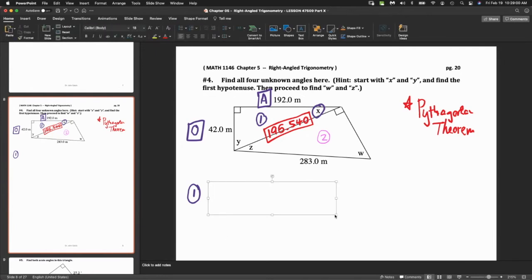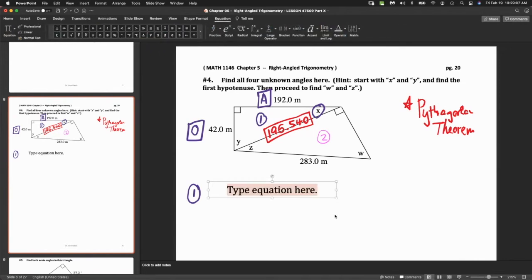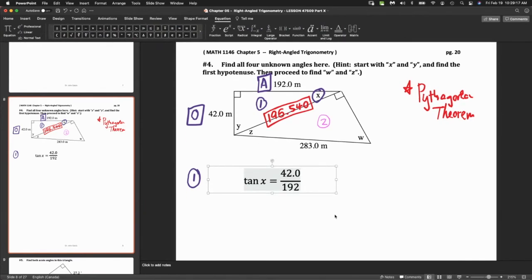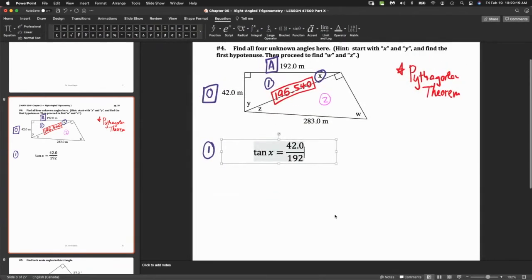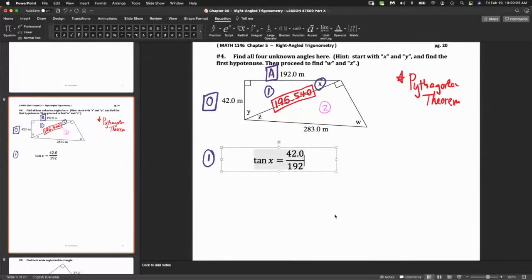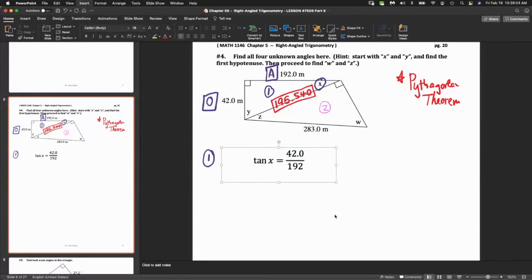So, opposite and adjacent, is that sine, cos, or tan? Which one? Yep. So tan x is equal to 42 over 192. I'm being a little bit lazy with the units now because I think we've established that the units should be consistent and then they cancel out.